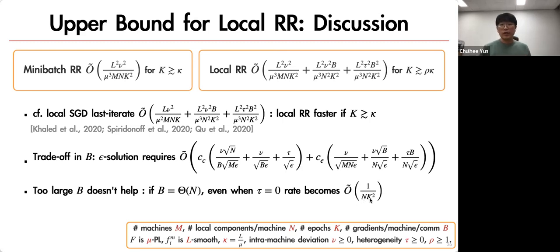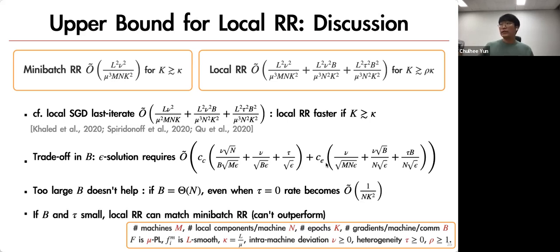And this 1 over nk squared is actually the same as the single machine random reshuffling algorithm. So in other words, there's no speedup from the number of machines m. You're just better off running random reshuffling on a single machine instead of running local random reshuffling on m machines. So we gain nothing out of this parallel computation.